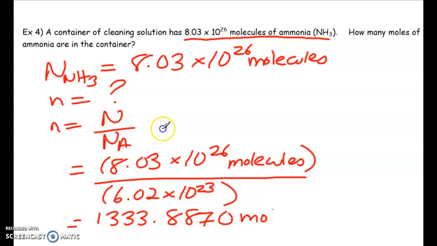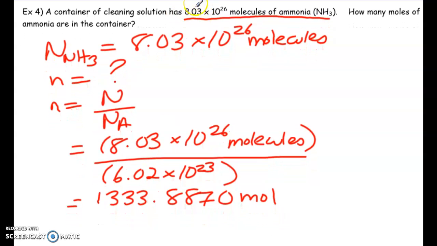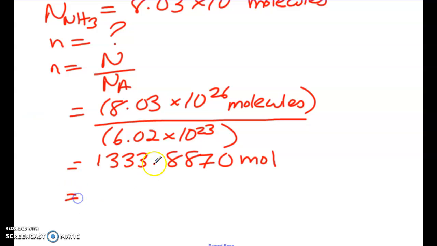So our answer here is 1333.8870, and so on. Because remember, we're going to be rounding this anyways. We need 3 significant digits. So this is where rounding comes in, right? I want this to be 3 sig figs. It's more than that, so I'm looking here and I'm going to round accordingly. There are 2 ways you can do this.